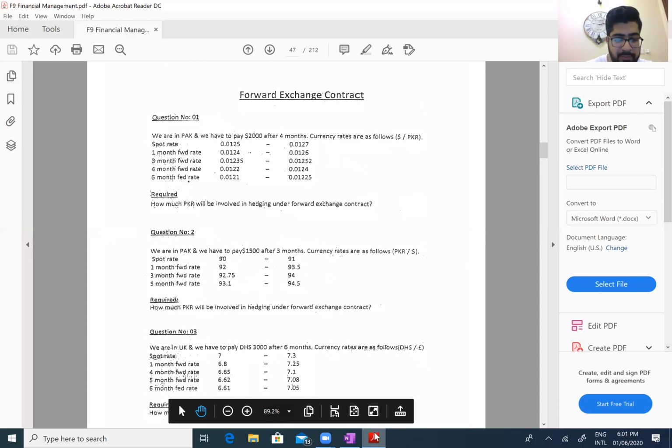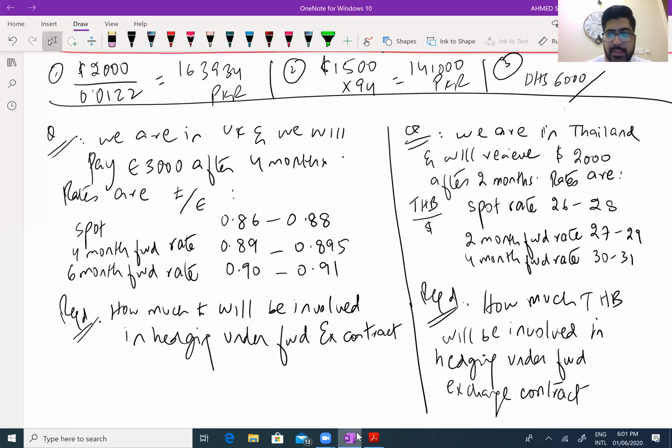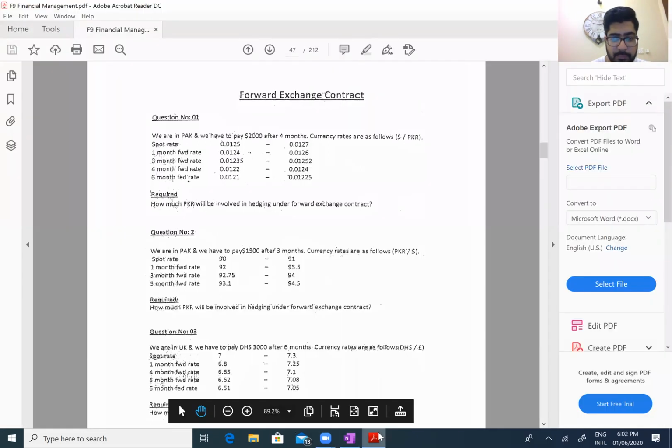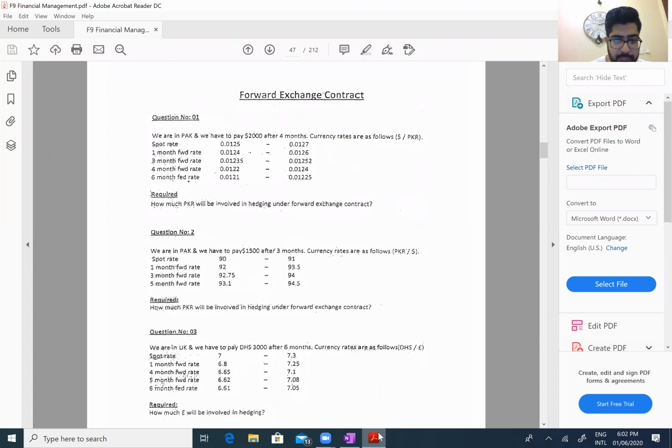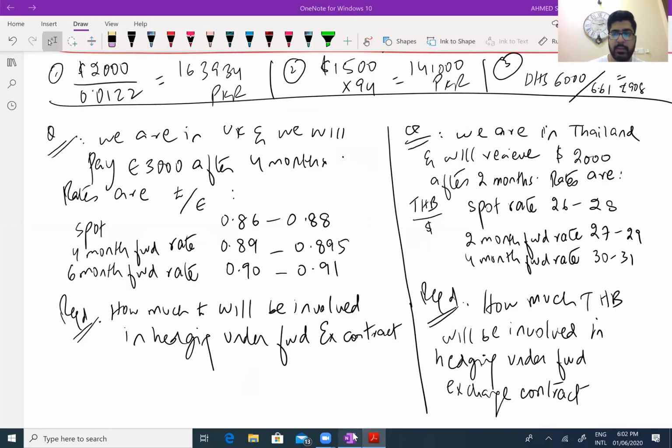Lower is the buying rate, you have to pay, you have to buy. 6.61. It's 90 pounds. Okay. Any questions you can ask? Do the next 2 questions, please.